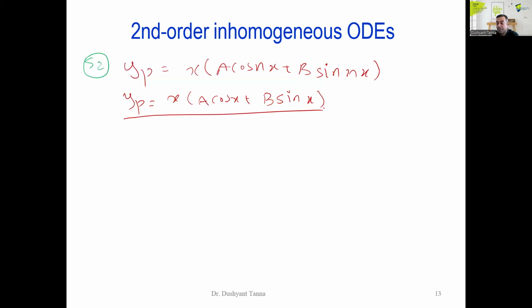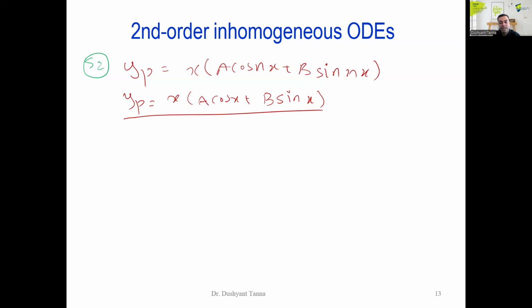What is our next step? See, from here it is all mechanical steps, literally mechanical. You're doing it step by step, but this is the easy part. It's just analyzing which form of yp will be correct. Then what you do is the normal standard process.